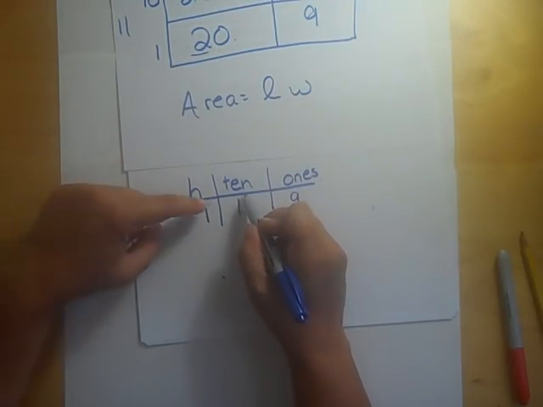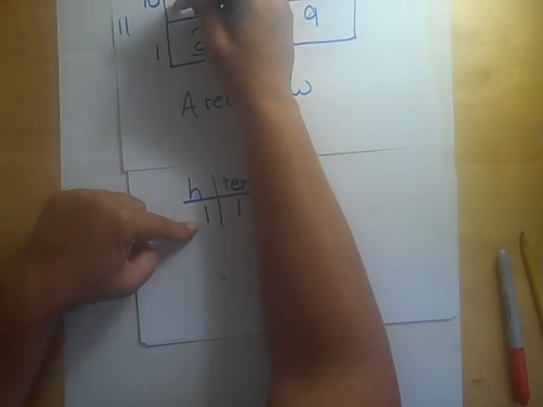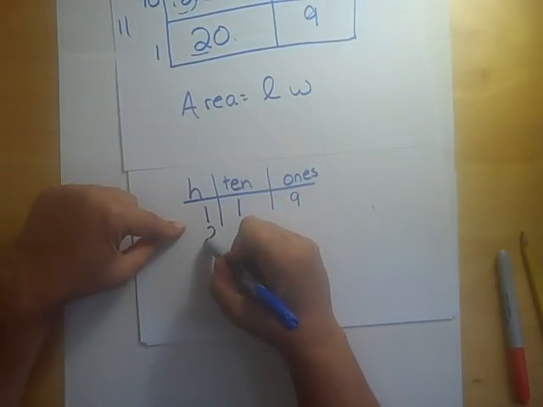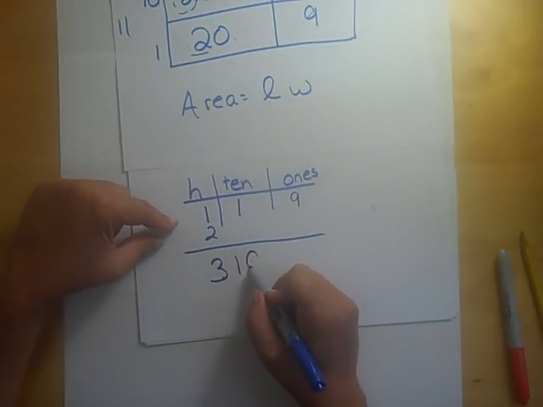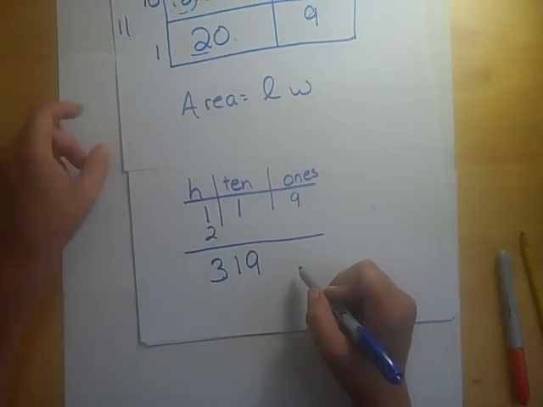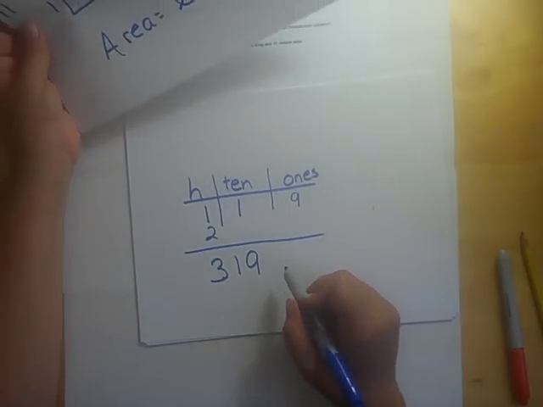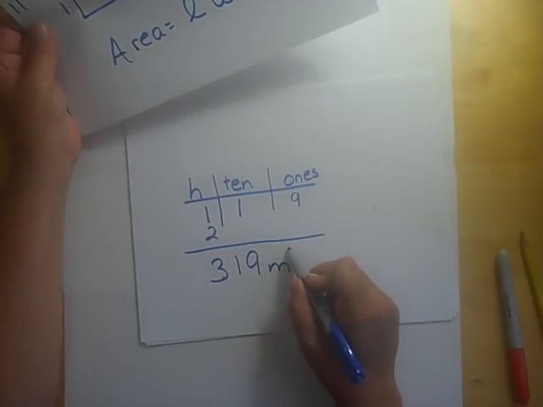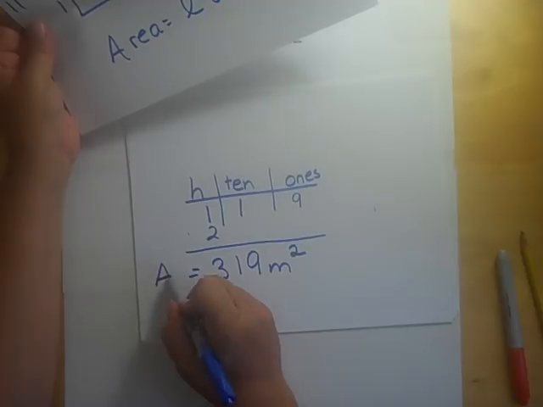I'm going to write the 11 so that it ends in the tens column. And how many hundreds do I have? 2. Add all that up, and I get 319. We must label our answer. The original problem was given to us in meters. So it's 319 meters squared is the area of our pool.